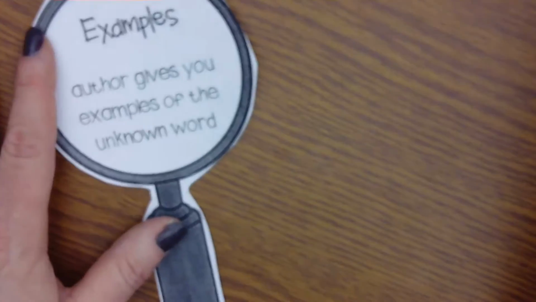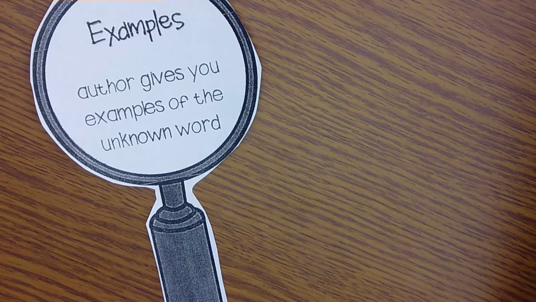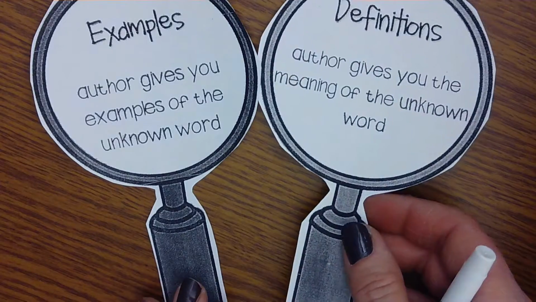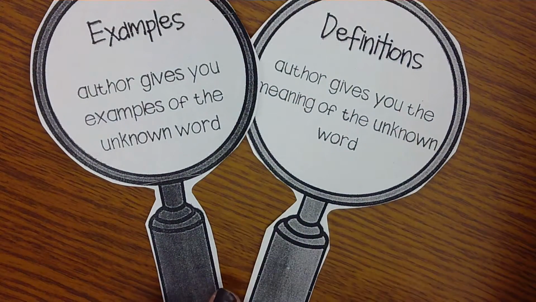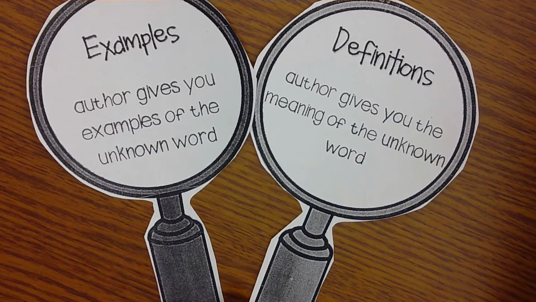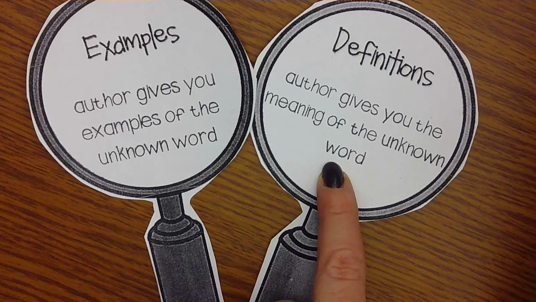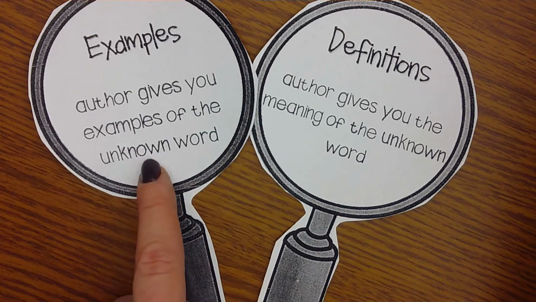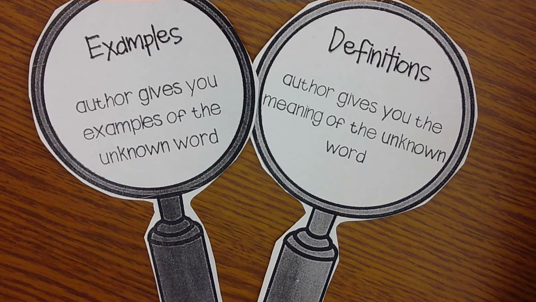Authors also use examples. Sometimes the author will give you an example of the unknown word or a definition of the unknown word. I see that a lot in nonfiction, where I come to a really tough word and I'm not sure, and then the author will write the definition right behind it, or the author will use that word in an example, and then I understand it a little better.